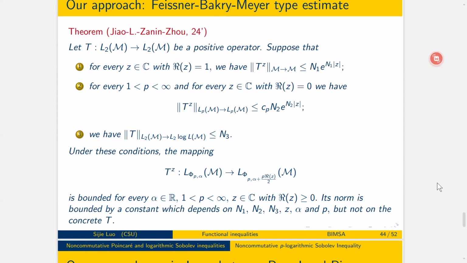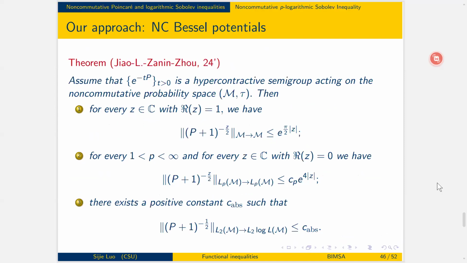But unfortunately, the result we finally prove is for the Bessel potential. If we would like to use the boundedness of the Riesz transform, we would like to know the L^p boundedness of this one, but not this one.